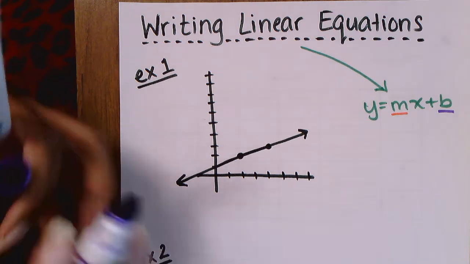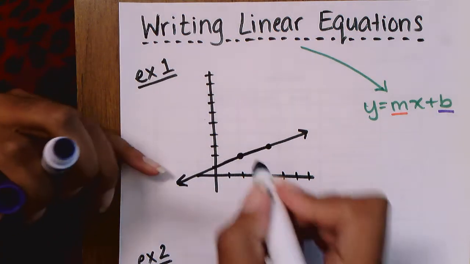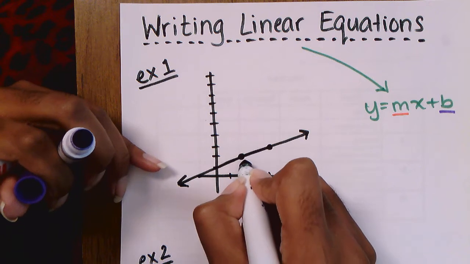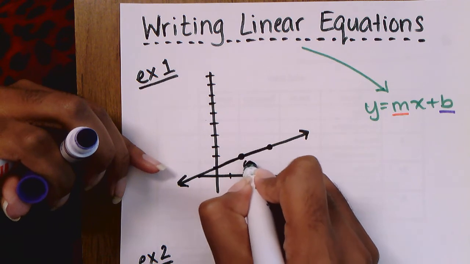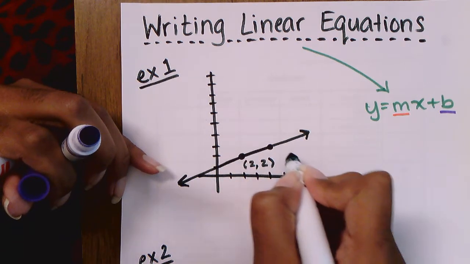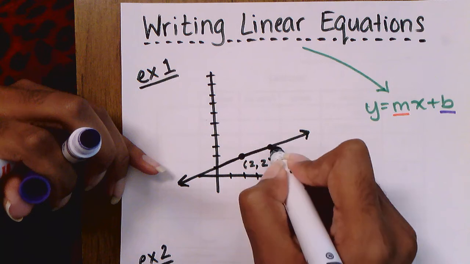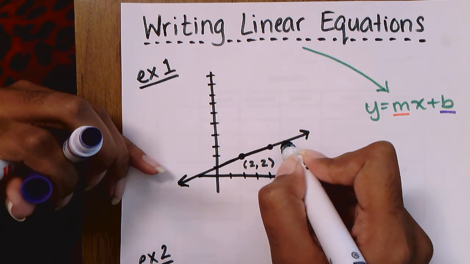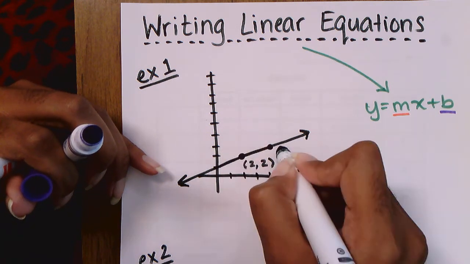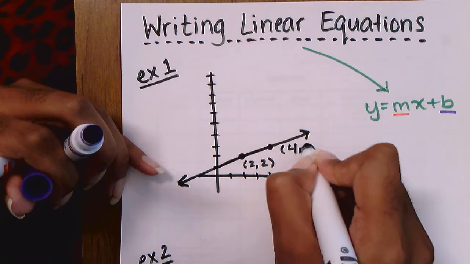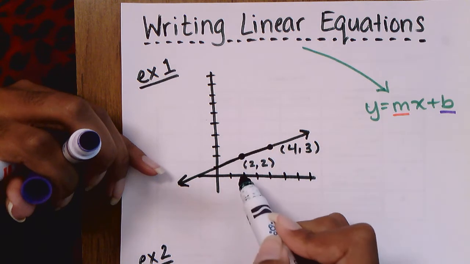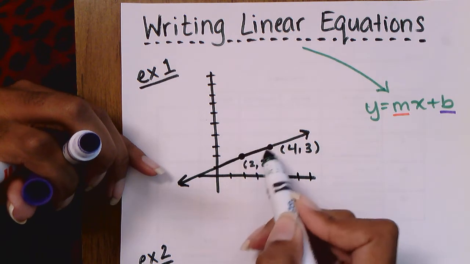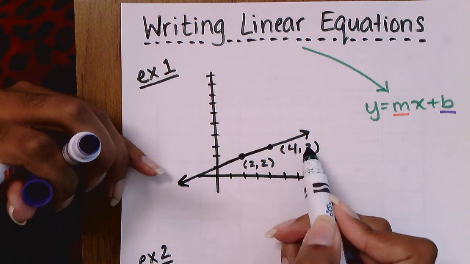So let's say we were able to identify these 2 points on our graph or on our line, the point (2, 2) and the point (4, 3). So let's say on our line we are able to identify these nice 2 points with integer coordinates.